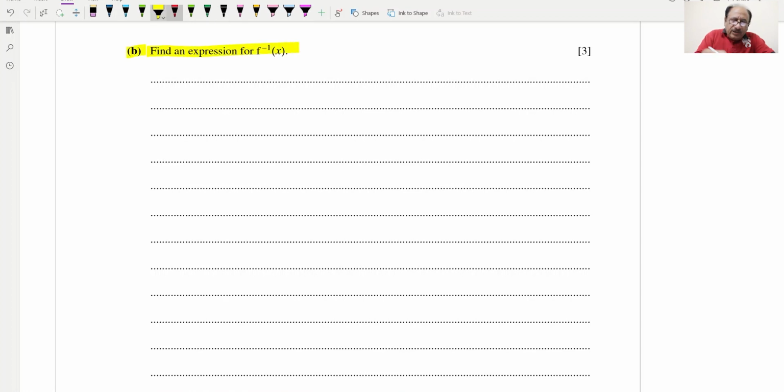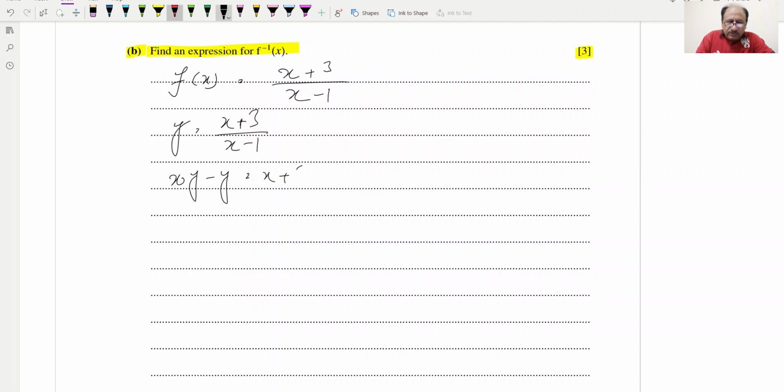find an expression for f inverse of x, and this is a 3 mark question. We will take f of x, and given f of x is x plus 3 over x minus 1. So we can write y is equal to x plus 3 over x minus 1, and our target is to make x the subject, so we can cross multiply: xy minus y is equal to x plus 3.